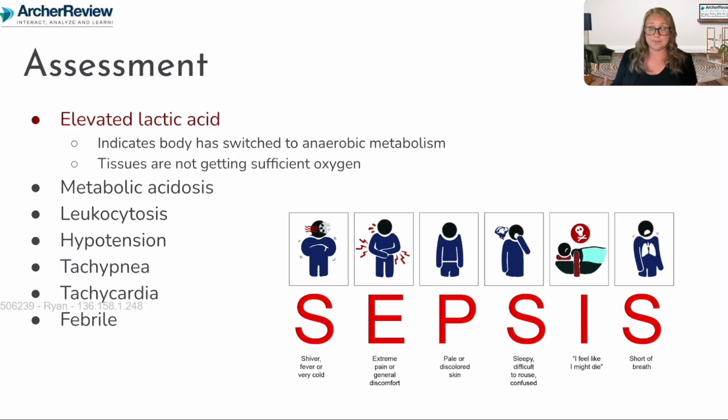They don't have it, so they switch into anaerobic metabolism, and a byproduct is lactic acid. So I see a bump in lactic acid, their lactic goes up, and that acid causes a metabolic acidosis. pH going down, lactic acid going up.